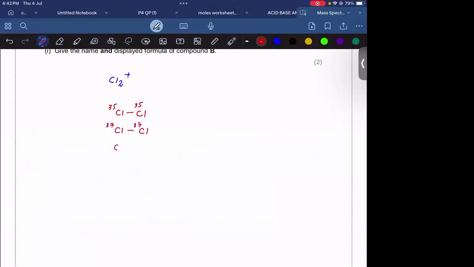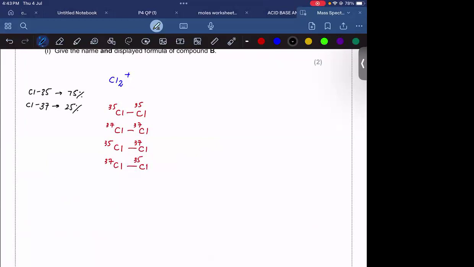Then the possibility is 35:37. And then we have 37:35. Chlorine 35 has an abundance of 75%, and 37 is 25%, if I'm not wrong.